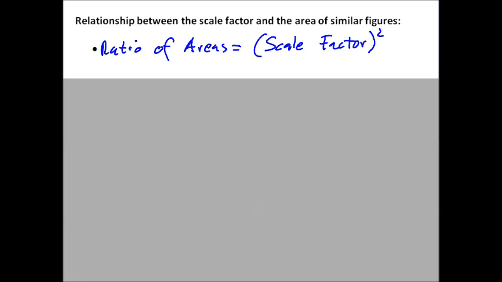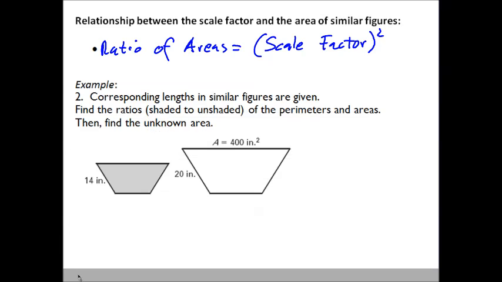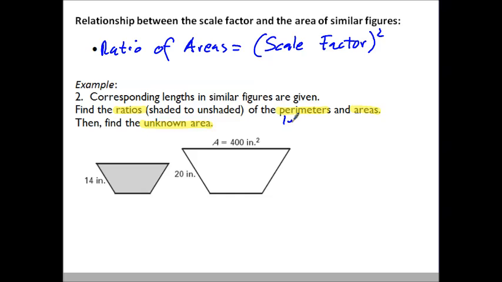So how can we use that? Let's look at our next example. Corresponding lengths in similar figures are given. Find the ratios, shaded to unshaded, of the perimeters and areas. Then find the unknown area. Perimeters are lengths, and so the ratio of the perimeters is nothing other than the scale factor.